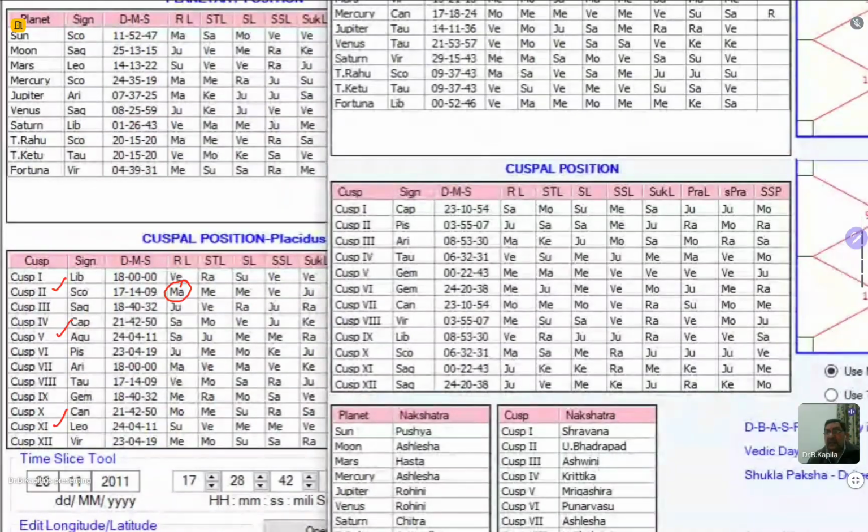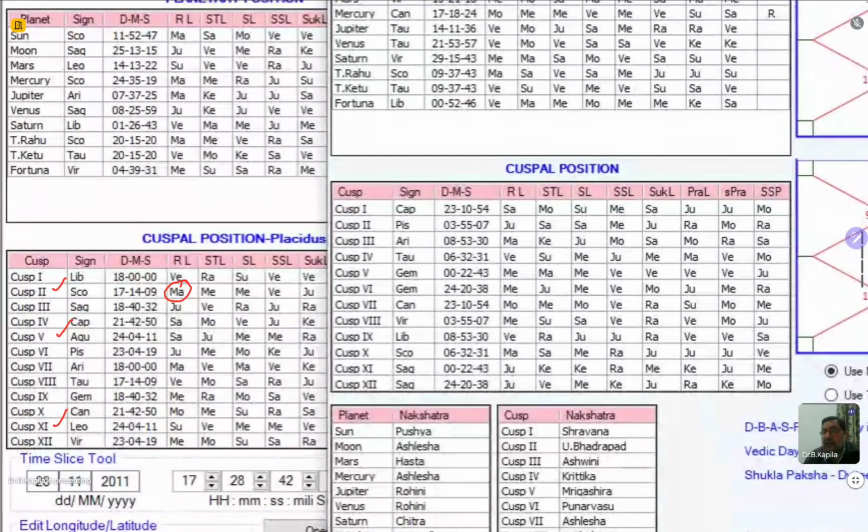For addition of a child to the family, which cusp is important? Second cusp. So the co-rulers of the second cusp are important. It means Mars, Mercury, and Venus are very important. Mercury has gone, Venus is there, and Mars is there. Ultimately, Mars is stronger.